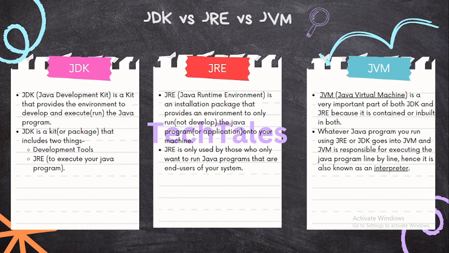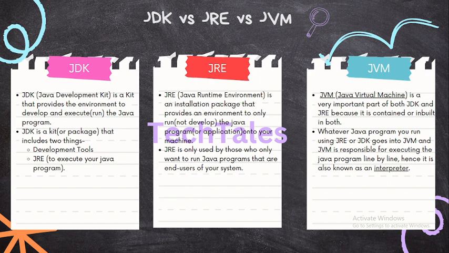Whereas JVM is a very important part of both of these components, JDK and JRE, because it is inbuilt in both of these. JDK will provide you two things, development tools and JRE, which is used to run or execute your Java program.